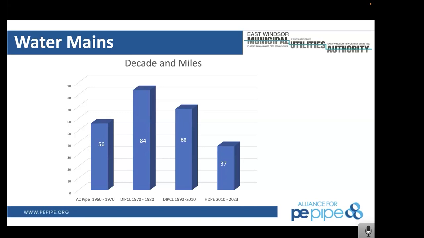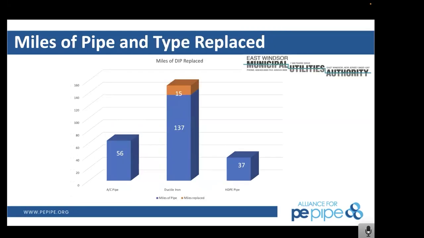During the 70s and 80s, we put in 84 miles of pipe, and between 1990 and 2010, with the development surge we had at that time, we put in 68 miles of ductile iron pipe. From 2010 to 2023, currently, we have approximately 37 miles of high-density polyethylene.